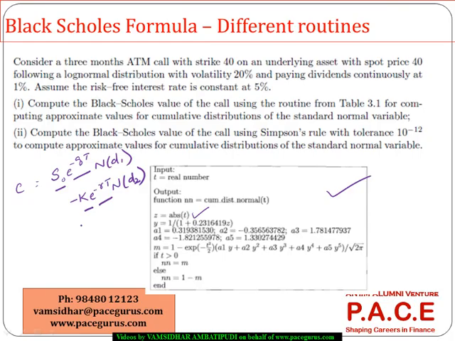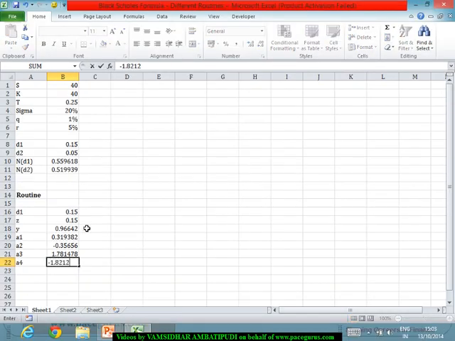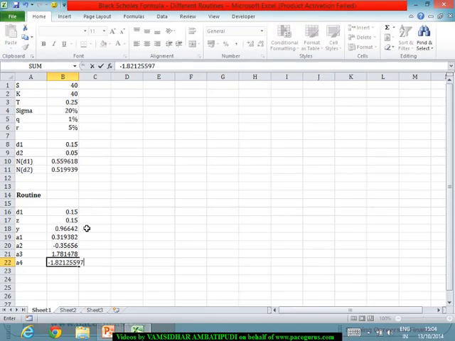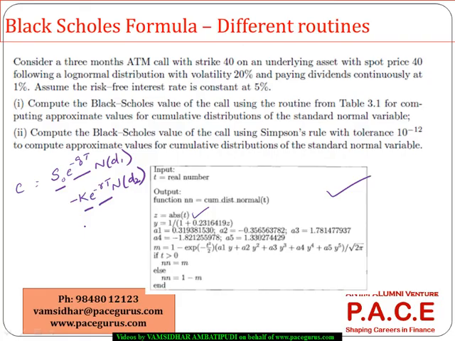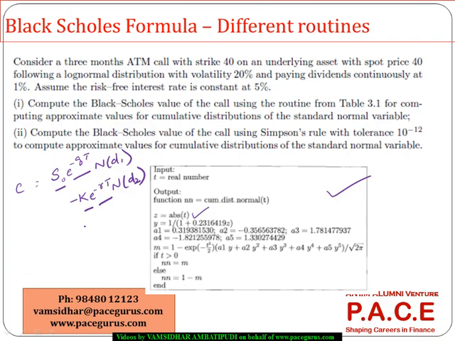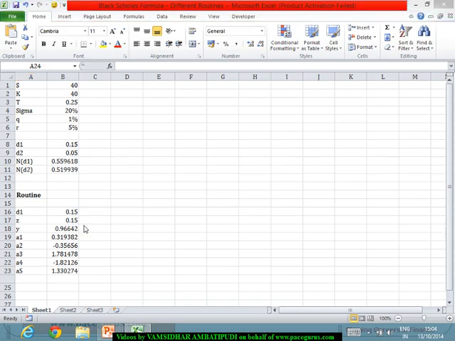A4 in the routine is working out as minus 1.821255978. So this is a kind of a routine that has been written to typically compute the value of the cumulative normal distribution of any particular number. Let's write out A5: 1.330274429. So these are the numbers that have been specified. So they are like constants.